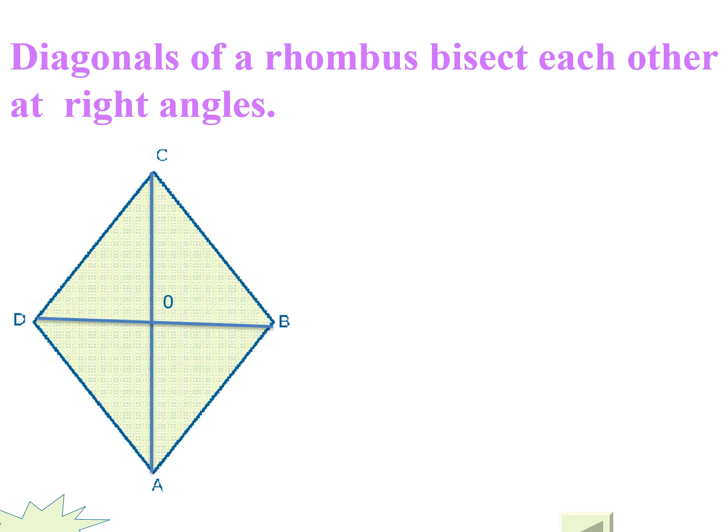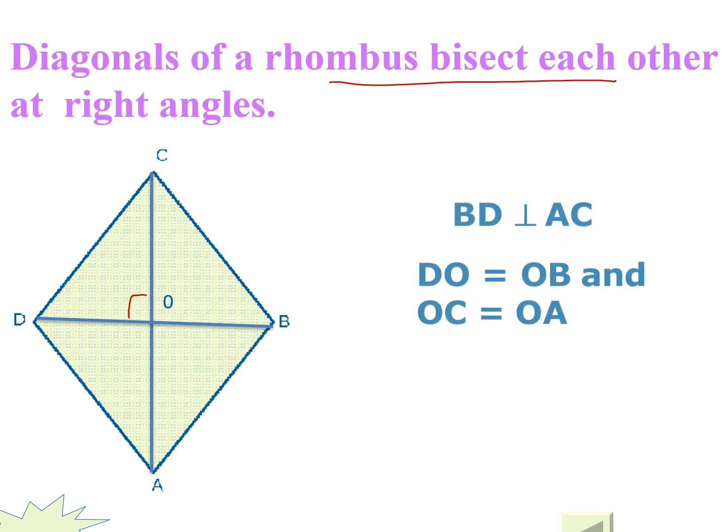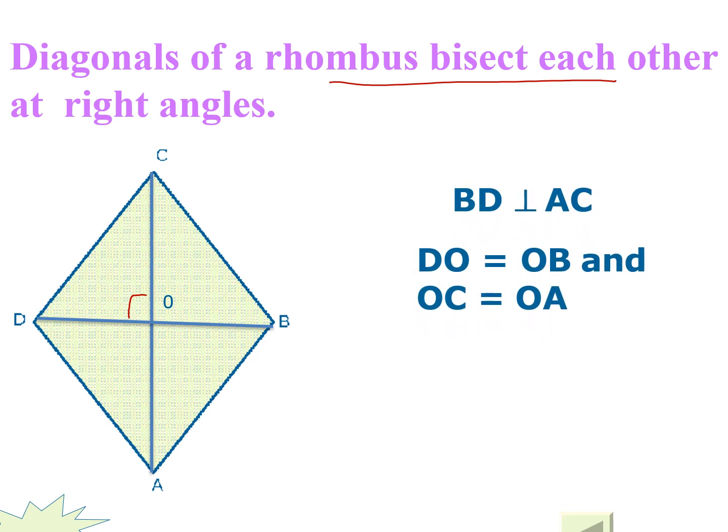Diagonals of a rhombus bisect each other at right angles. In a parallelogram, the diagonals bisect each other, but in a rhombus they make 90 degrees. That means BD is perpendicular to AC and DO is equal to OB, OC is equal to OA.